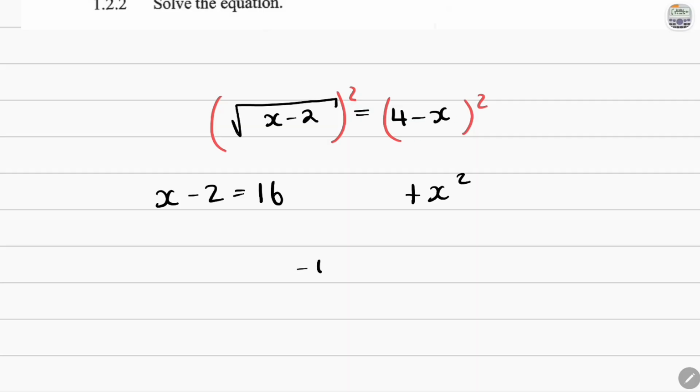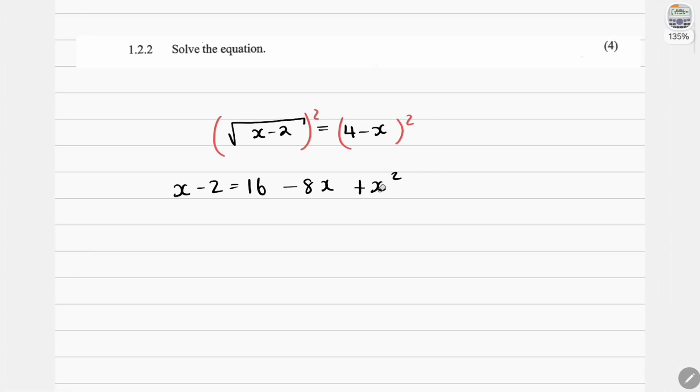First term times second term is negative 4x times 2 is negative 8x. Okay, so our x squared is already positive on this side, so we can rewrite this as x squared minus 8x, and then you're going to transpose, which is minus x, and so that just gives you minus 9x, and then we have positive 16, and when you transpose it's plus 2, so that's positive 18, is equal to 0.